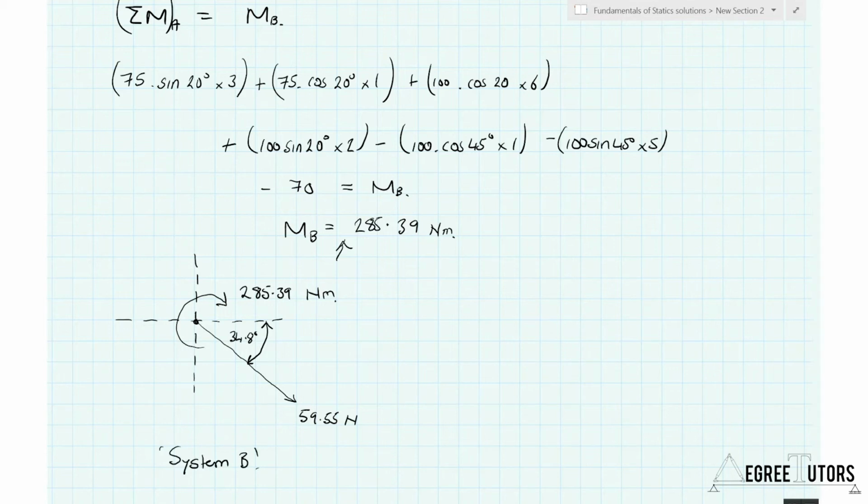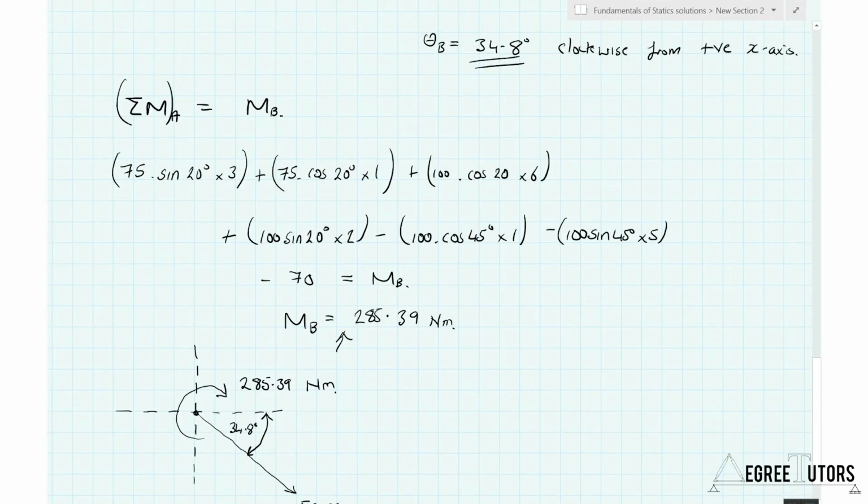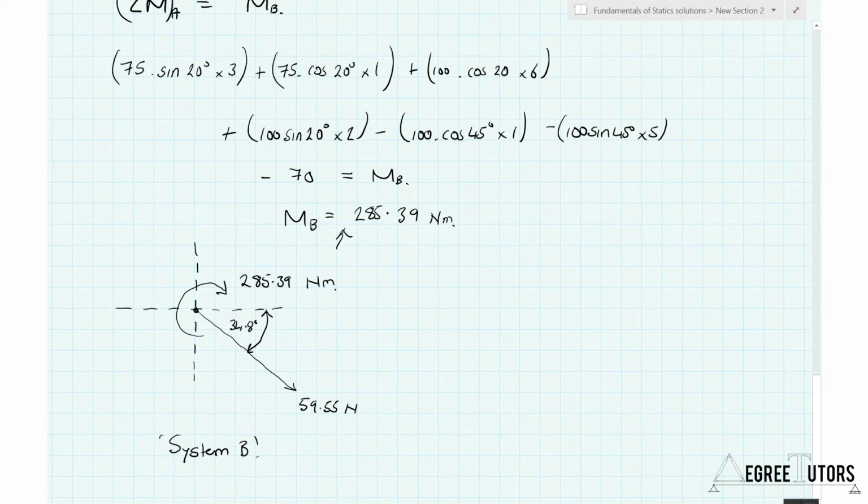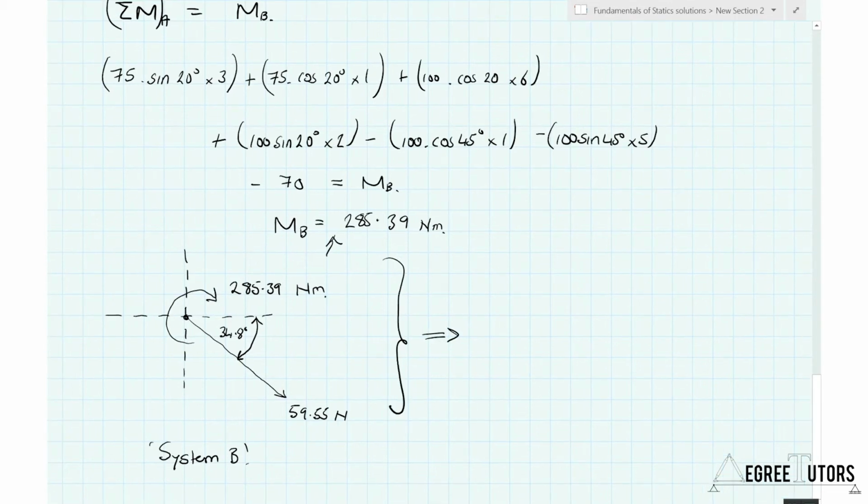So for the next part of the question, we need to replace system A with not a moment and a force, but actually only a moment. Okay, so that essentially amounts to taking what we have called system B here and replacing this with a single force positioned somewhere along the x-axis.